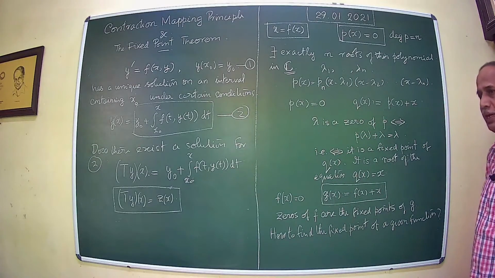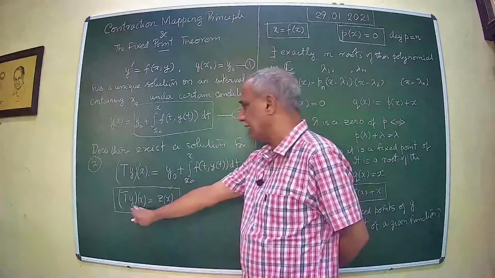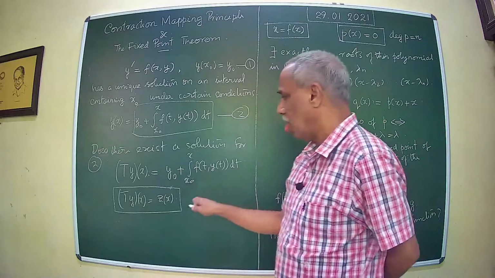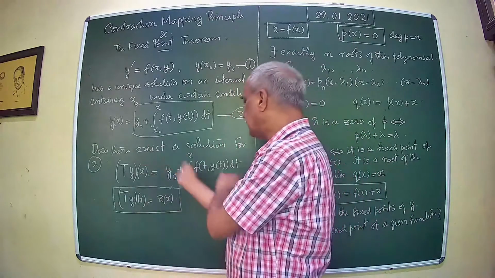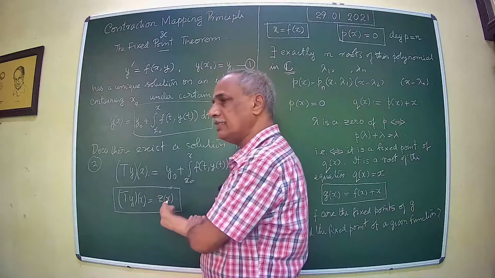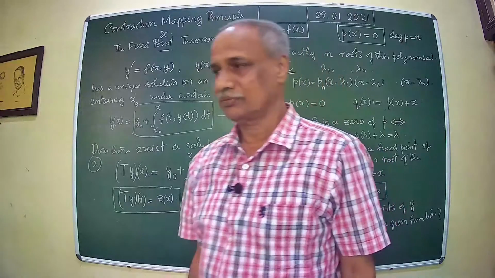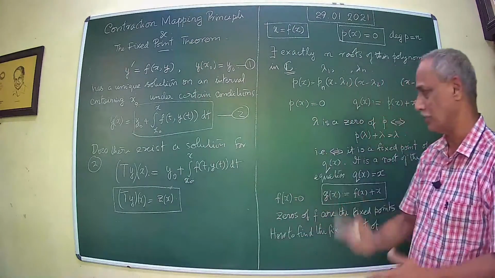Now what you see here is, if y is a continuous function on some interval, then T of y(x) defines another continuous function on the same interval. We choose an interval which contains x naught.